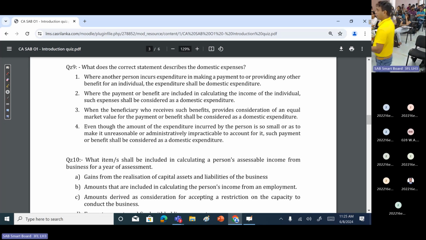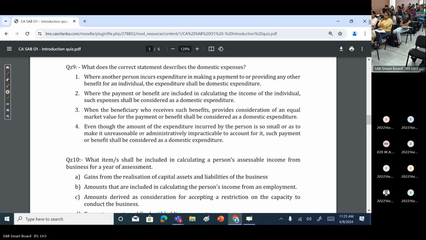As I told you, the employer provides meals, but the cost of the meals is recovered from the employee through the salary, then it cannot be part of the domestic expenditure. Right? That is the second thing.